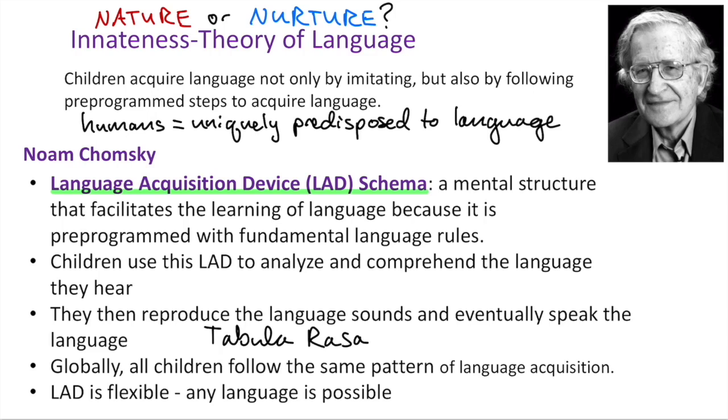Do we know exactly where in the brain this device is located? No, we do not. This is metaphorical in that he says we imitate or model language that we hear, but also as humans, we are predisposed to learning language, that we have fundamental language rules that are a part of this schema or mental set.